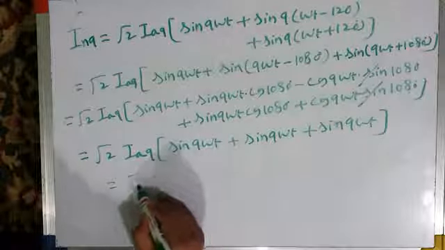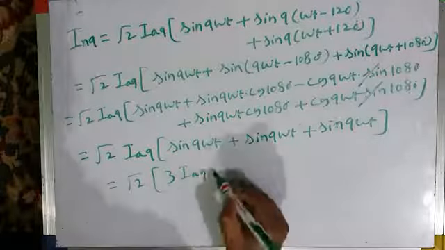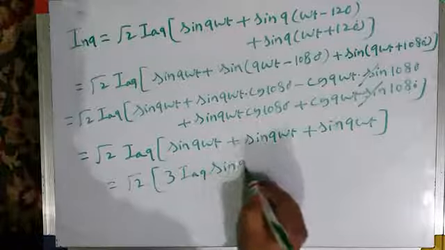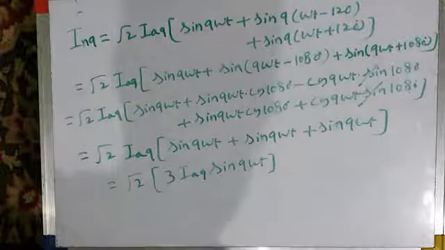So this is root 2 times 3 ia9 sine 9 omega t. In a similar way we can prove that other triplet harmonics also flow in the neutral.